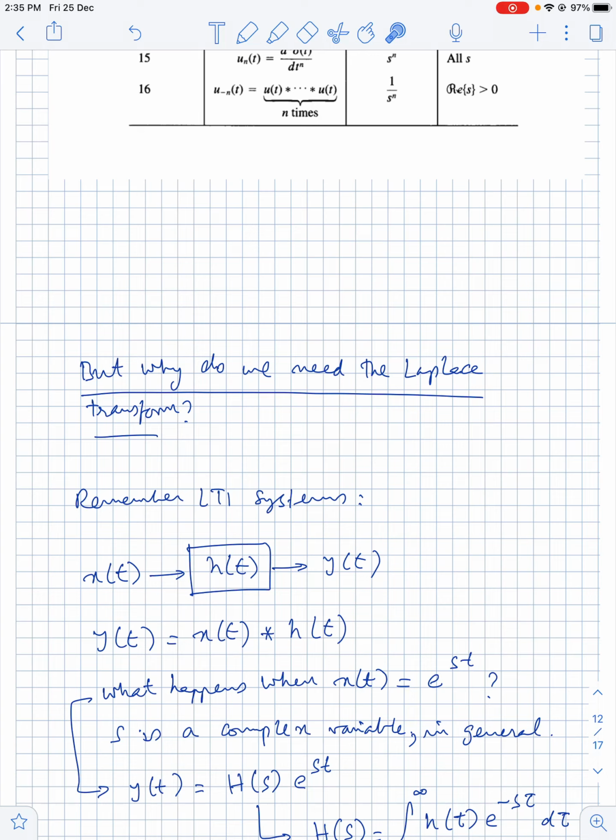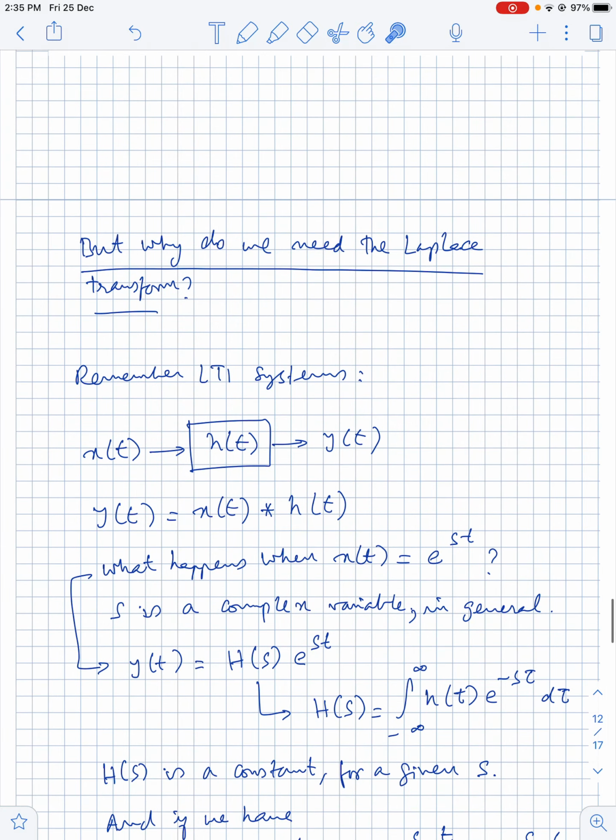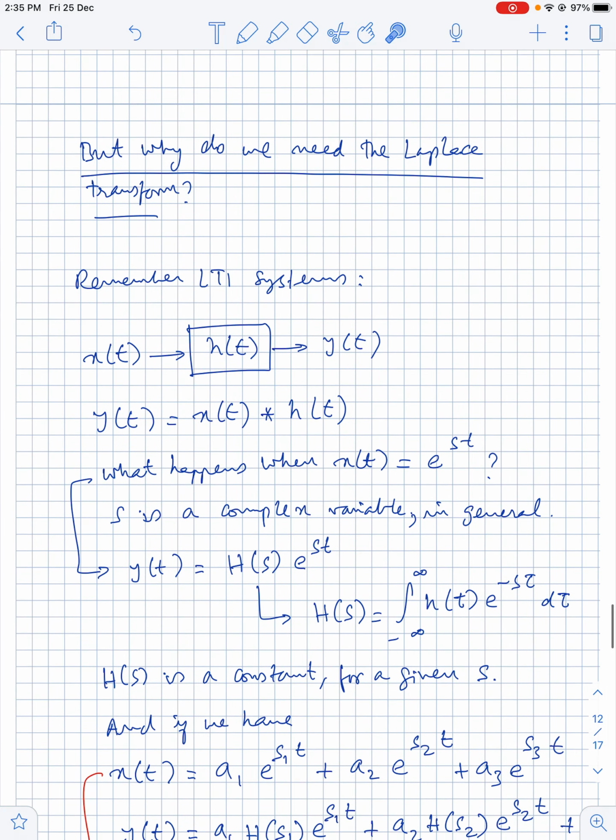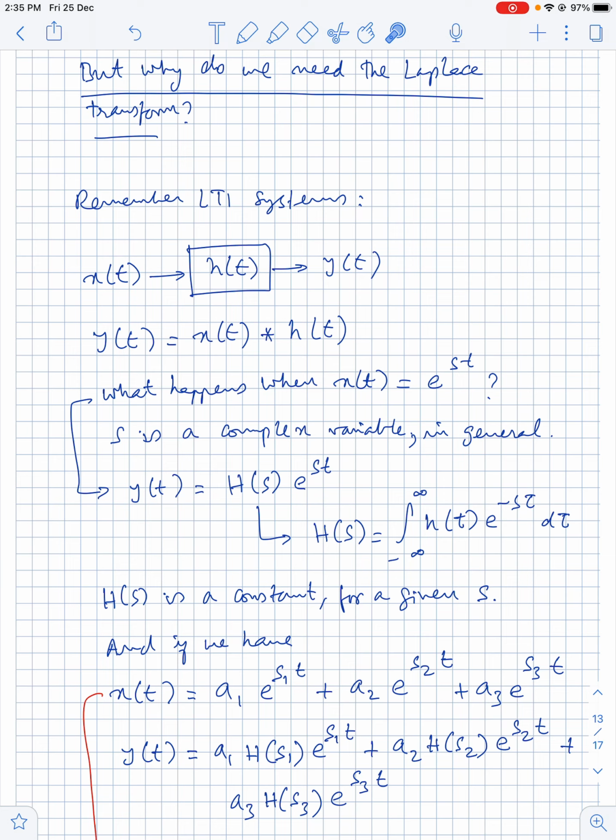Laplace transform is also frequency analysis. So why do we need it? Does the Laplace transform give you something more than the Fourier transform? We will soon see the answer. That is the case. But let's first analyze this.